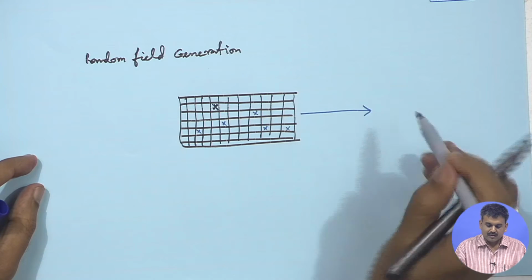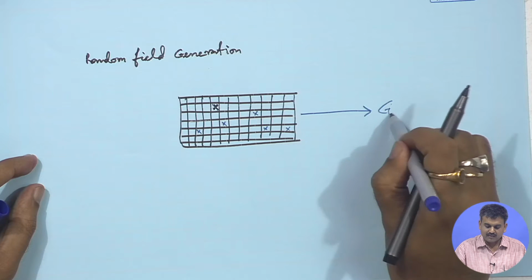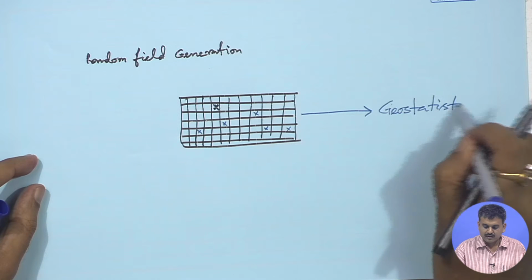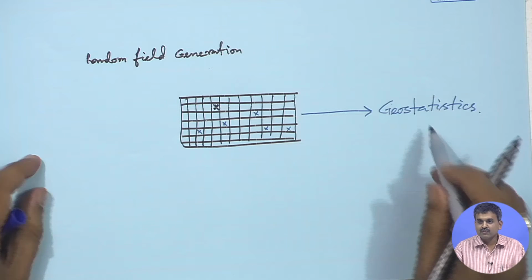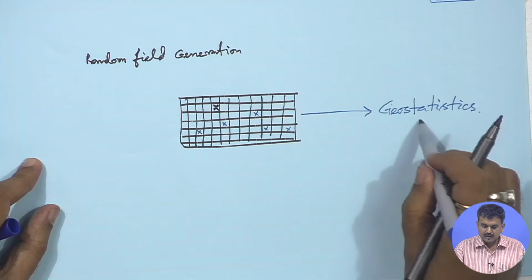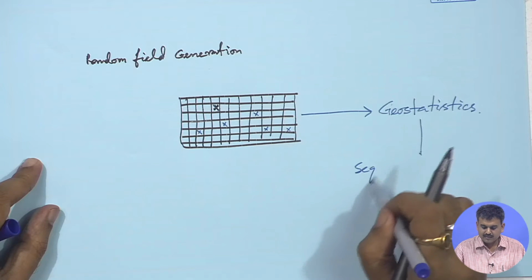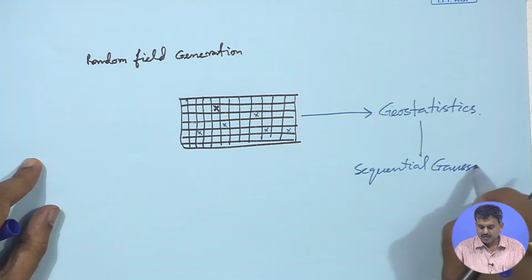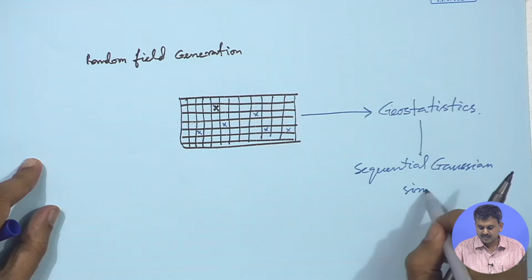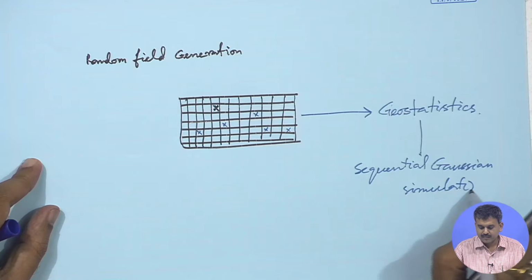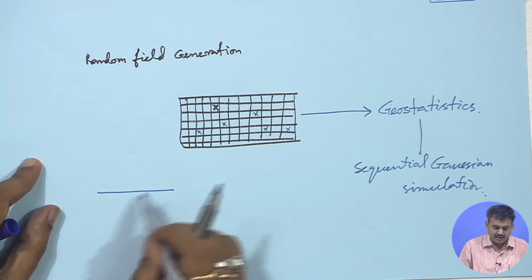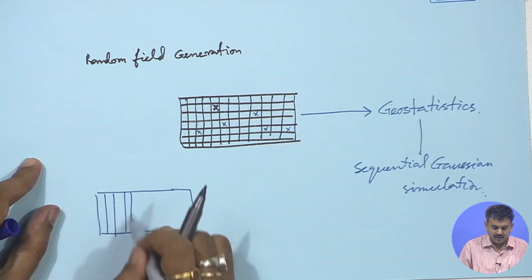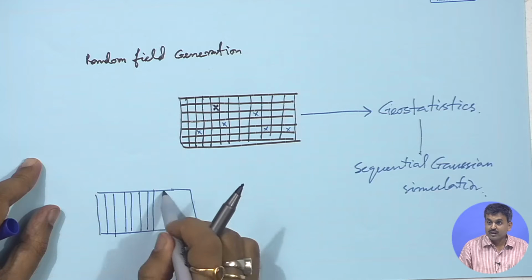One concept is called geostatistics. In geostatistics, sequential Gaussian simulation you can utilize to get different random fields based on the observed data.